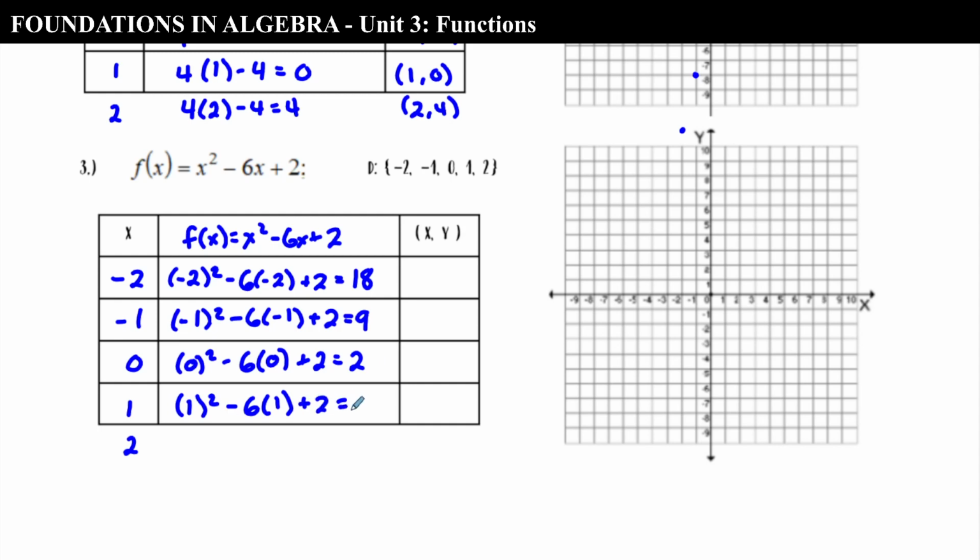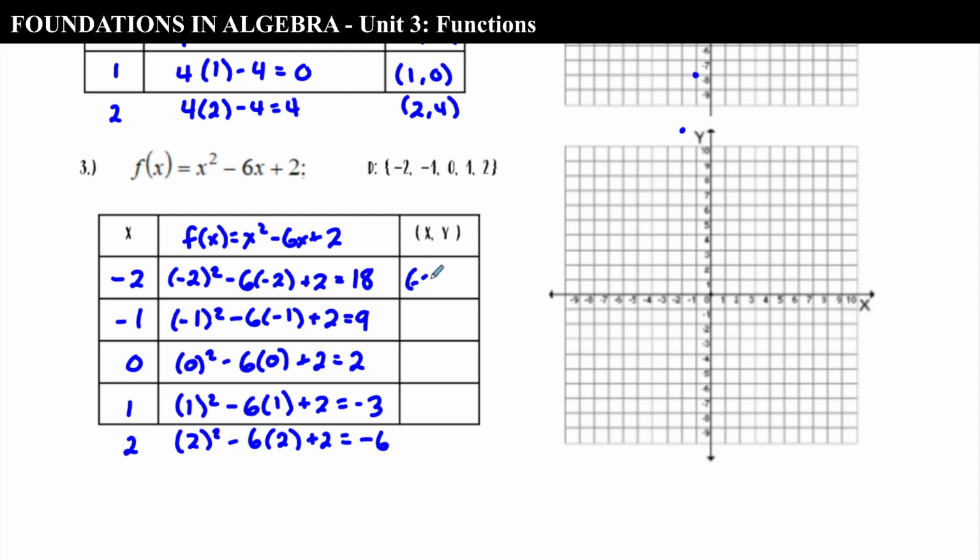That's going to be 1 minus 6, which is negative 5, plus 2, which gives us negative 3. And then finally 2 squared minus 6 times 2 plus 2. That's going to be 4 minus 12, which gives us negative 8, plus 2 gives us negative 6.